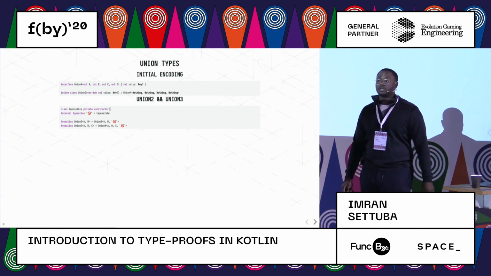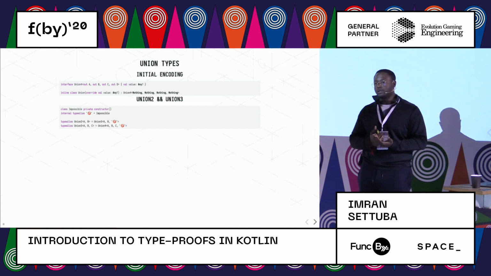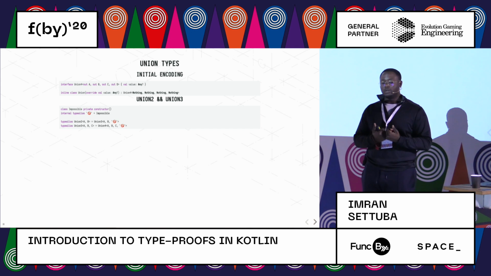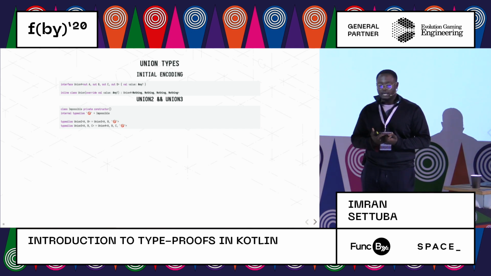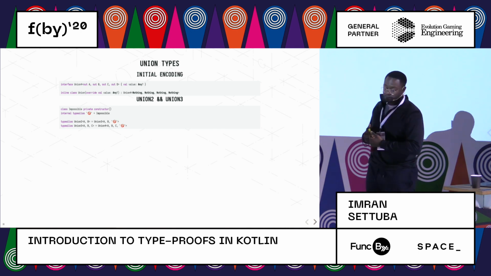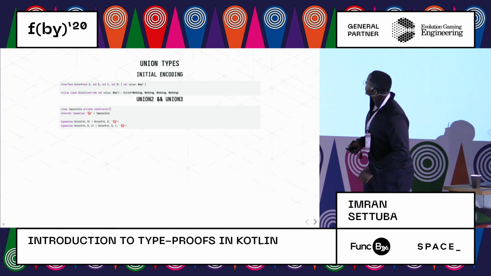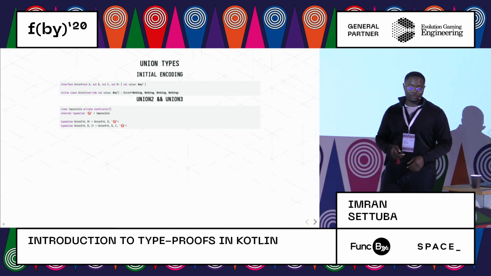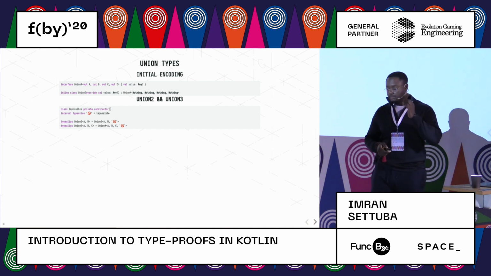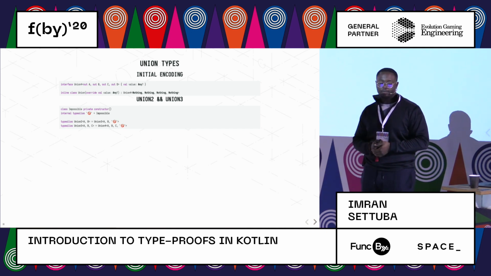The next thing, we can look into how we can encode union types. So our initial encoding is fairly simple. Union types have only one value, and we declare that simply through the, oh, that is very small. I'm sorry for that. So it reads that we're declaring the union of 4.